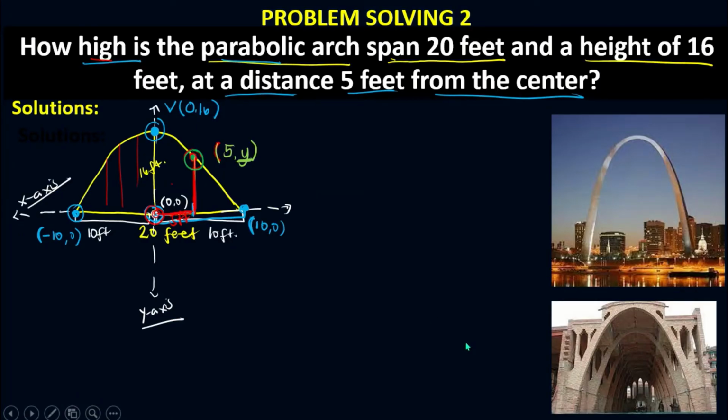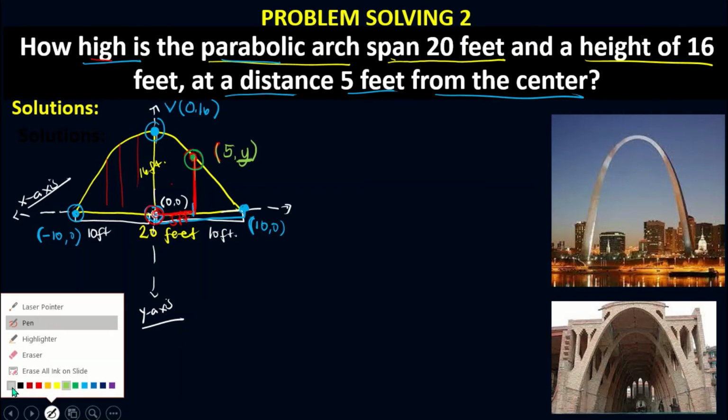So, to solve for y, first we need to know which equation to use. As said earlier, we must first identify the direction of the graph. Once we have the direction of the graph and the vertex, we can know what equation we are going to follow to solve this given.